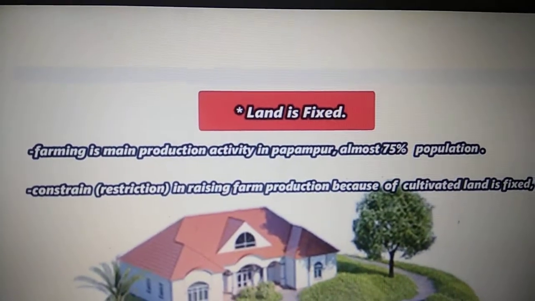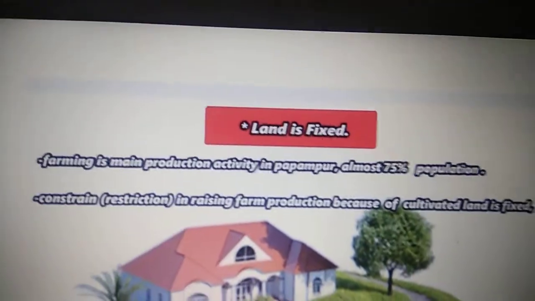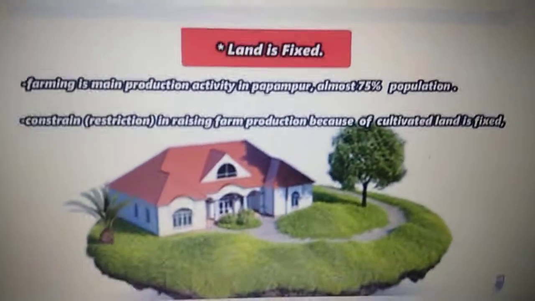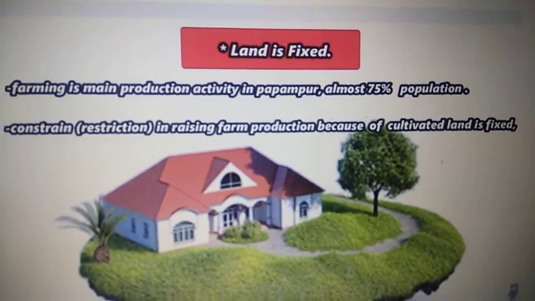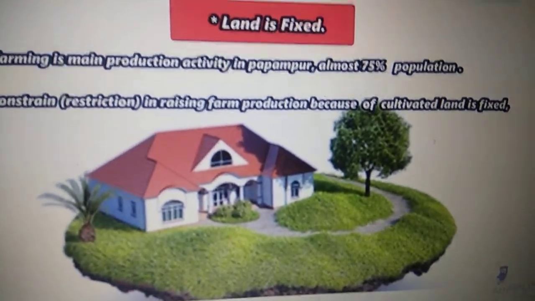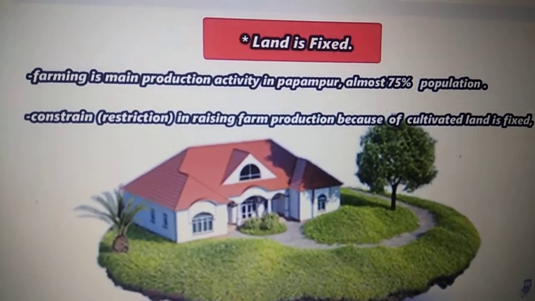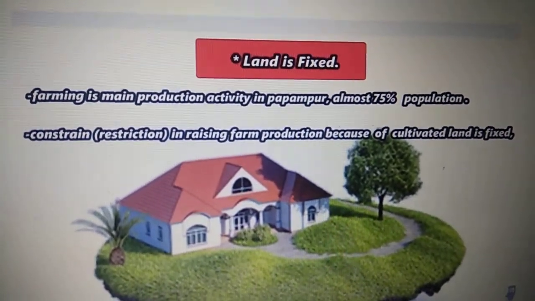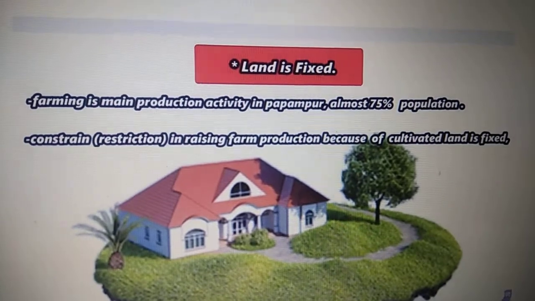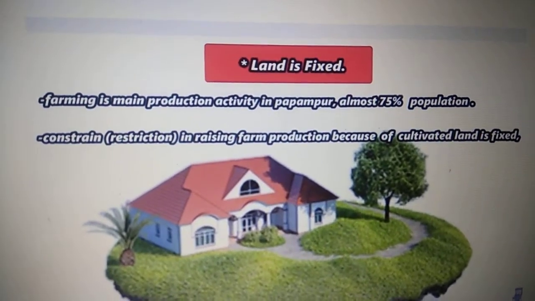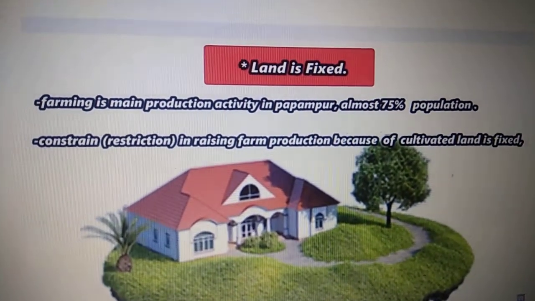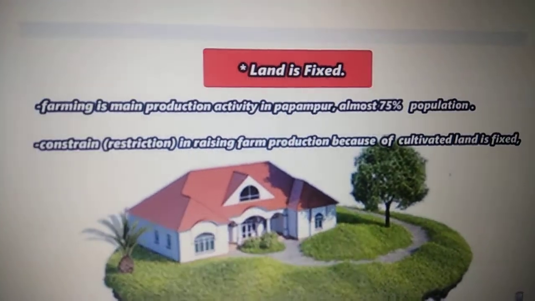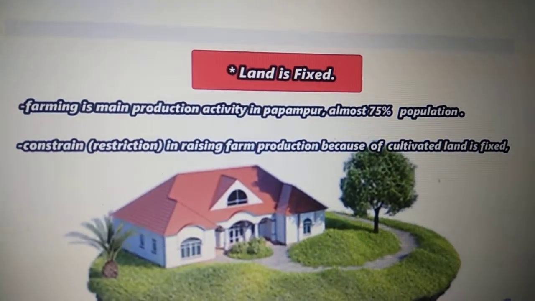That means there is no other land available where agricultural activity can be done in Palampur. Why is it fixed? Because whatever land was available has been used to make houses or roads. So now there is limited land where farming can be done. And as you know, 75% of the people are into agriculture in Palampur.